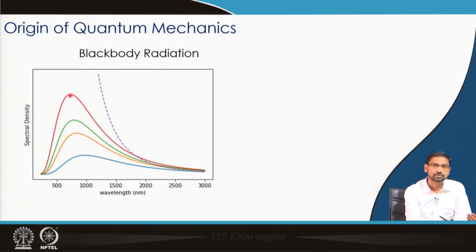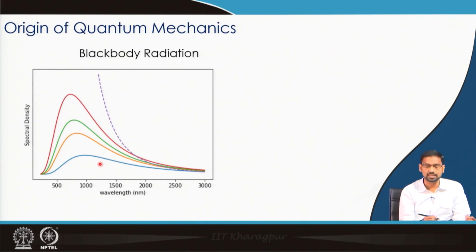The red curve, which has the maximum area under it, corresponds to the black body radiation at a very high temperature. As you lower the temperature, you see the green curve, the orange and the blue curve. The thing you should notice is that at lower temperature, the area under the curve is steadily decreasing.